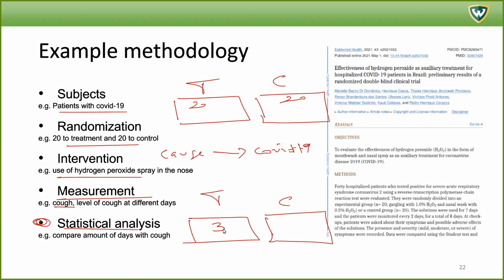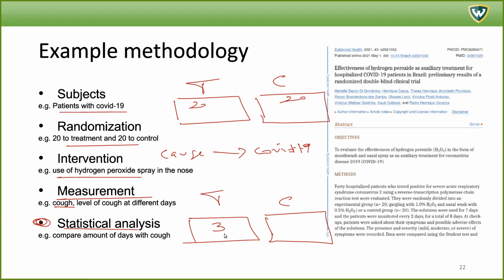So you've got to think about what you're measuring. Are you measuring the proportion of people, or the value of the attribute, and so on? We already dealt with proportions in our z-test, our test of proportions, and we're also going to talk about a t-test where we can actually see differences in other numbers. So in the statistical analysis, compare the number of days with cough in the treatment group.